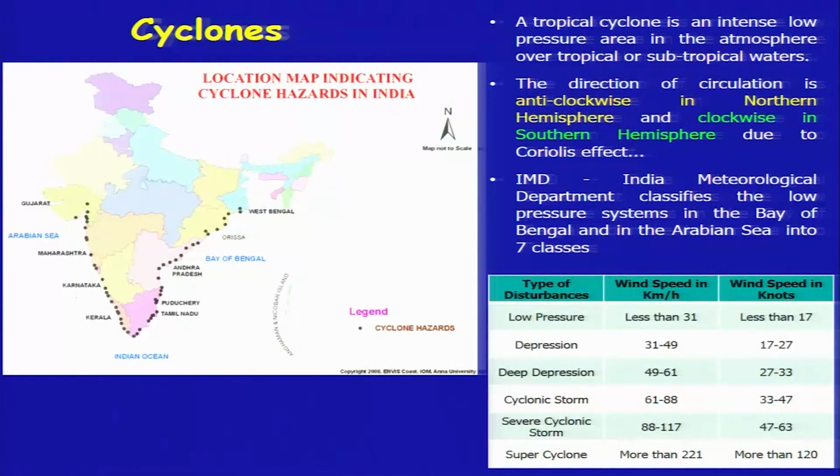The circulation is anti-clockwise in the northern hemisphere. So if you divide the globe into southern and northern hemisphere, then you will observe anti-clockwise circulation in the northern hemisphere and clockwise in the southern hemisphere, and this is due to the Coriolis effect. So this is one of the important points which you should remember.